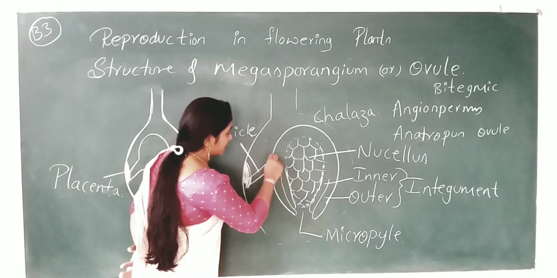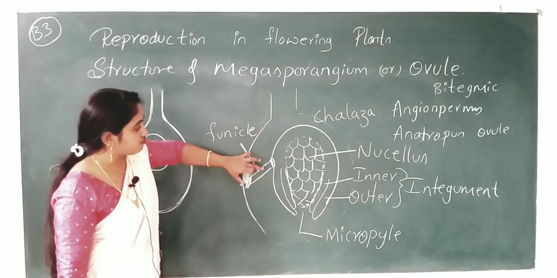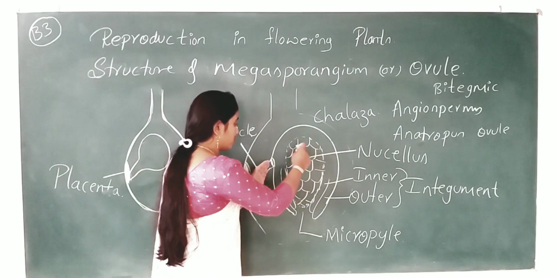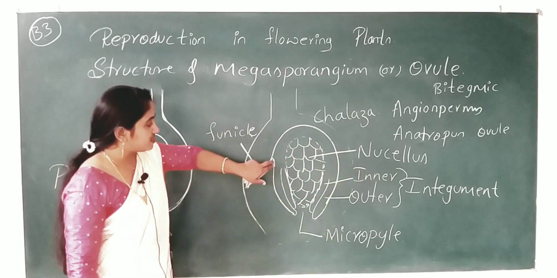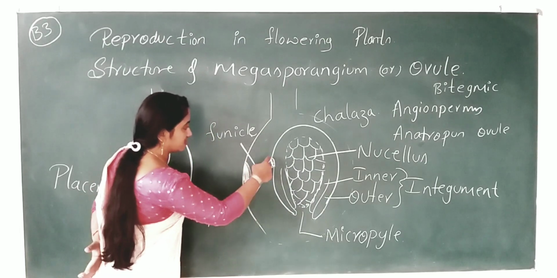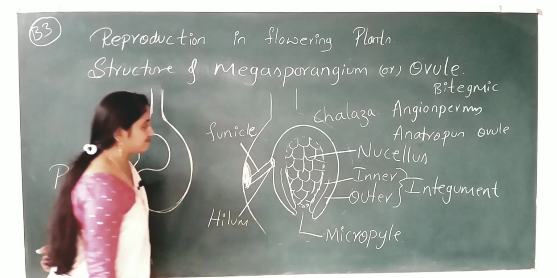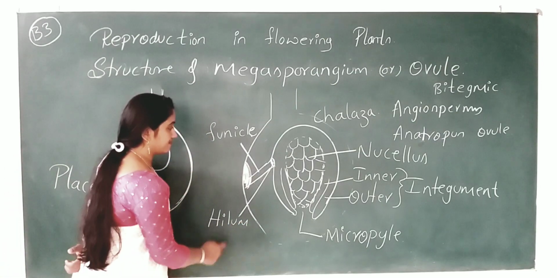Here is the point or area where the funicle and the body get connected, joined with one another. That area is known as the hilum.